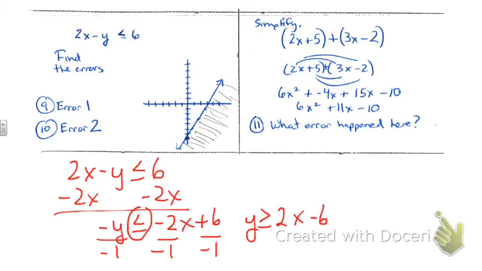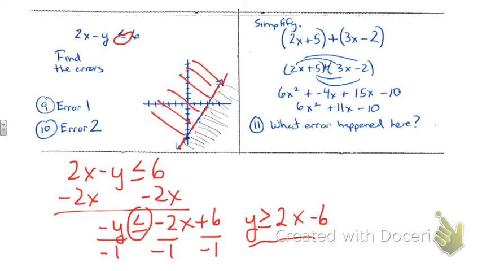So the only thing they did wrong was they didn't change the inequality, which means the graph would be here. And so they solved the equation wrong, which makes that graphing error. I think this was supposed to come out without an equal sign, but it showed up on there with an equal sign. If there was no equal sign, this would be dashed and not dotted.